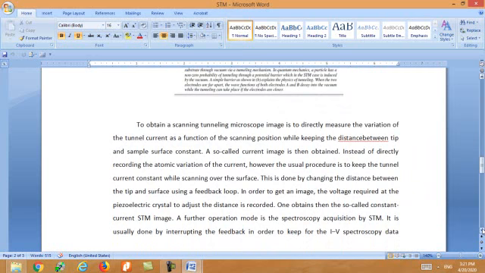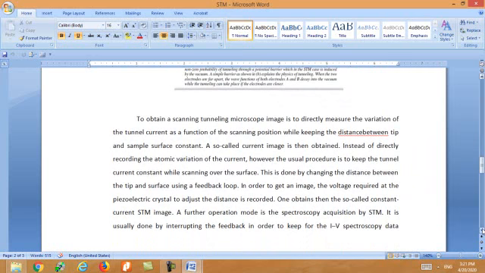To obtain a scanning tunneling microscopic image, one can directly measure the variation of the tunneling current as a function of scanning position while keeping the distance between the tip and the sample surface constant, and a so-called current image is obtained. However, the usual procedure is to keep the tunneling current constant while scanning over the surface.